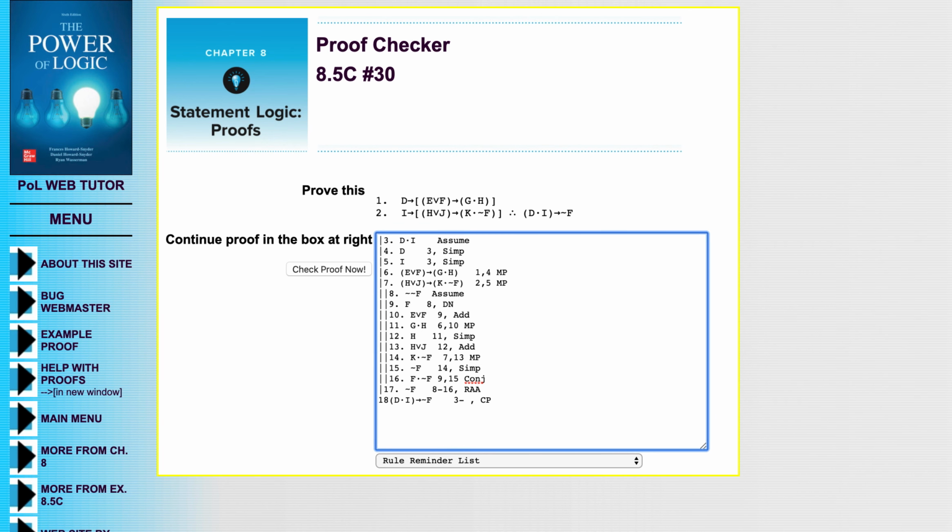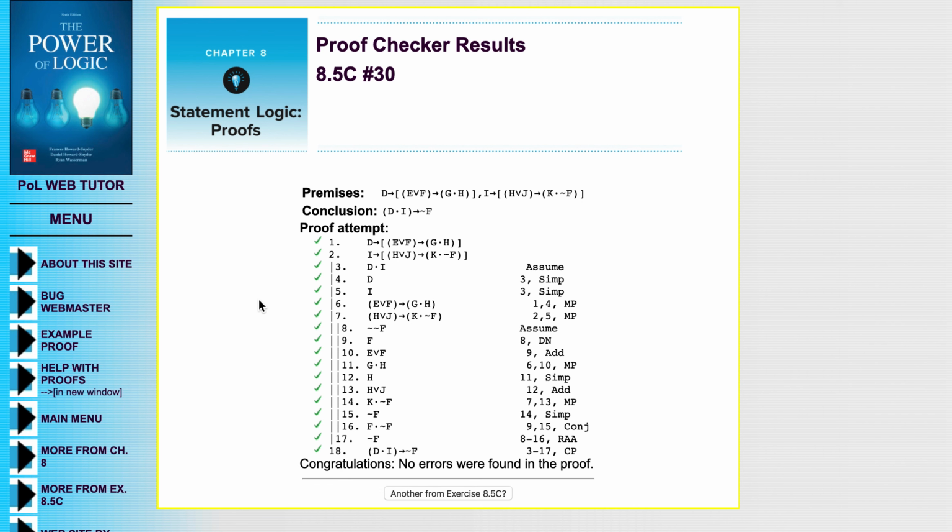Line 18 says, after I do all this, this spits out from this long conditional proof here, 3 through 17. All right, and hopefully I didn't make any mistakes there. Let's check it, and we're good to go.